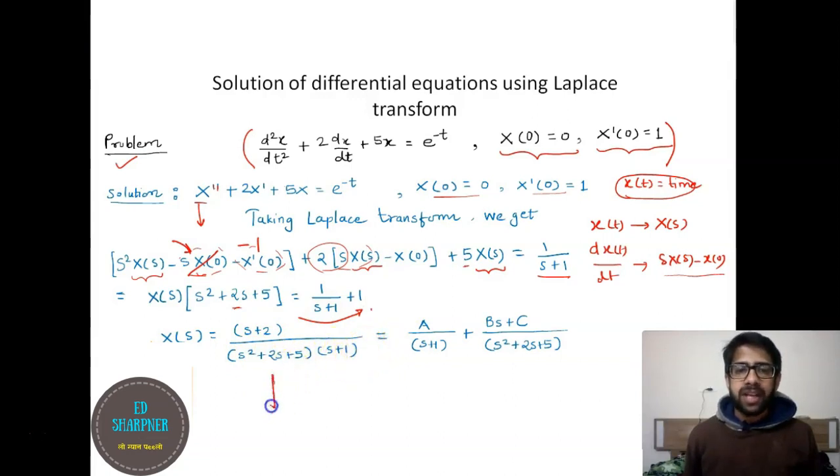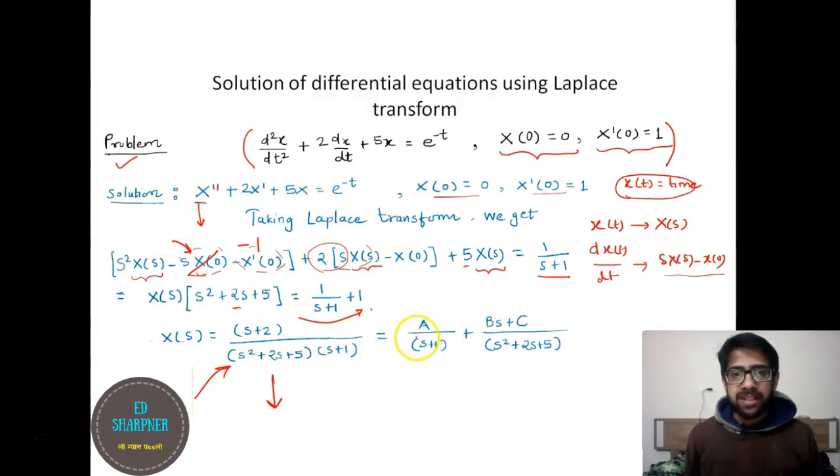Now, we can directly take the inverse Laplace from here, but we actually don't know what is the inverse Laplace for this function. What is the function whose Laplace is this? We don't know, but now we have to convert this into such a form by typical mathematical manipulations so that we can find out the inverse of the Laplace transform. So this is done by partial fractions.